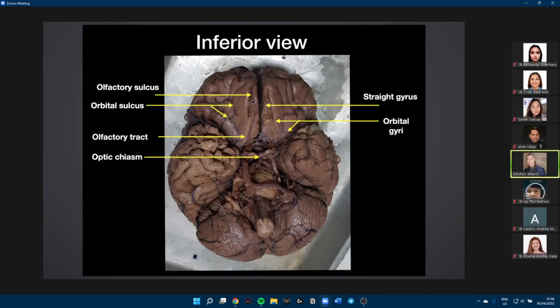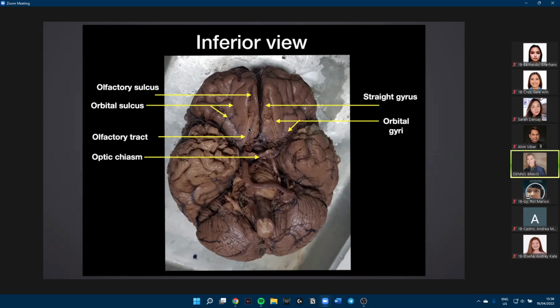Immediately lateral to that is a depression. We call it the olfactory sulcus, called as such because the olfactory bulb is lodged within the olfactory sulcus. So what is inside the olfactory sulcus is the olfactory bulb, which has been removed. And that olfactory bulb actually continues to become the olfactory tract.